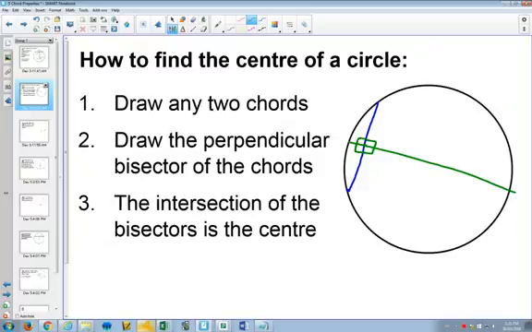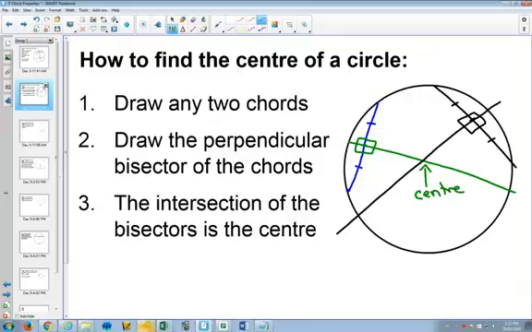Then if you took another chord somewhere else, cut it in half perfectly, measured 90 degrees. So these are cut in half perfectly. These ones were cut in half perfectly. You measured 90 degrees. I don't know how good my drawing is. But if you did that, where those two lines intersect will be perfectly in the center of your circle.